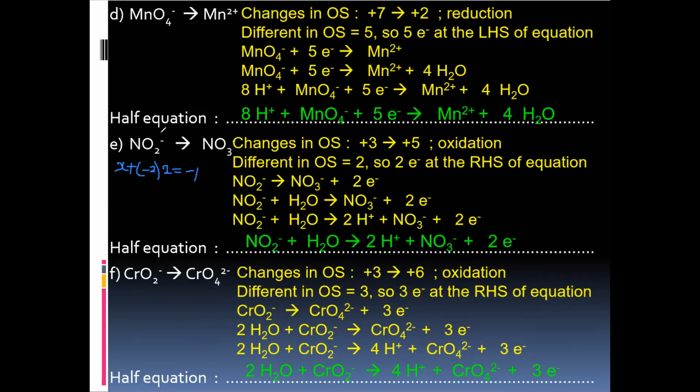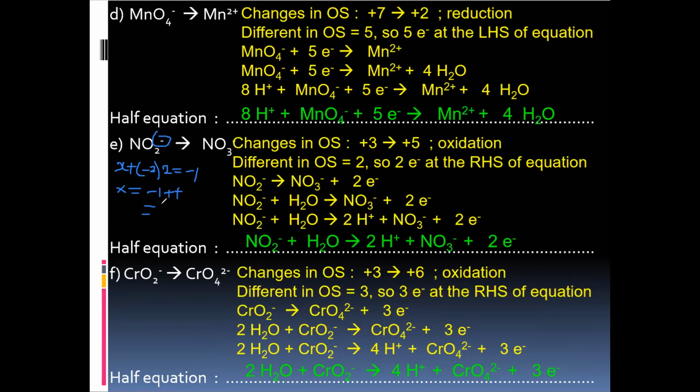Okay, if I do the math here, x is equal to minus 1 minus 2 times 2, that's minus 4. Take minus 4 to the other side, it becomes plus 4. So minus 1 plus 4 is equal to plus 3.